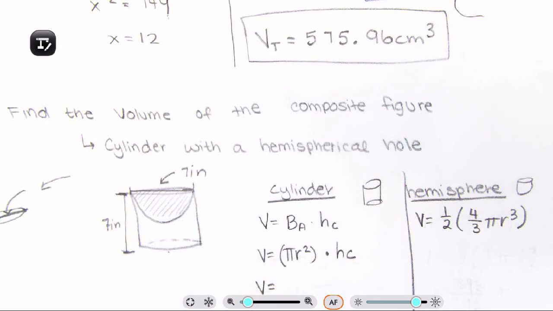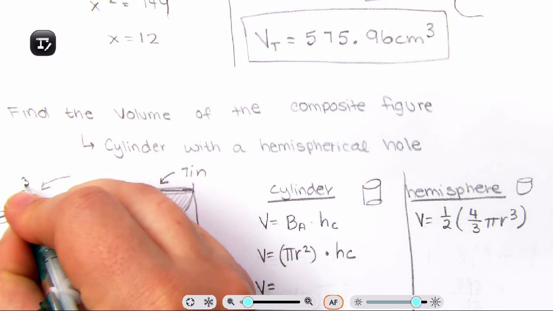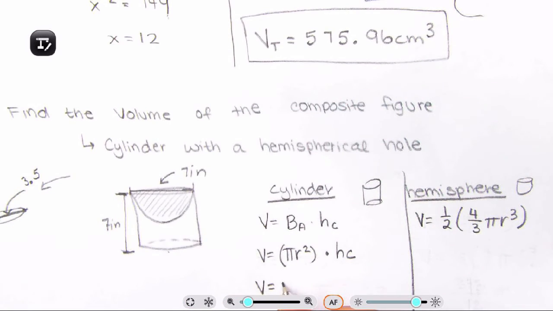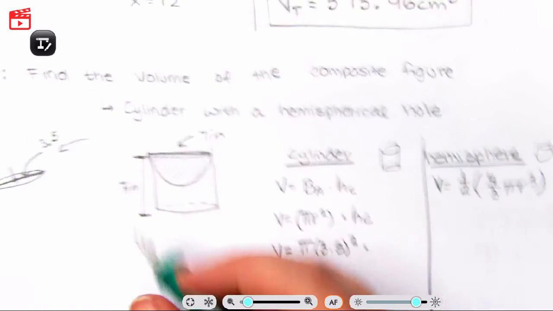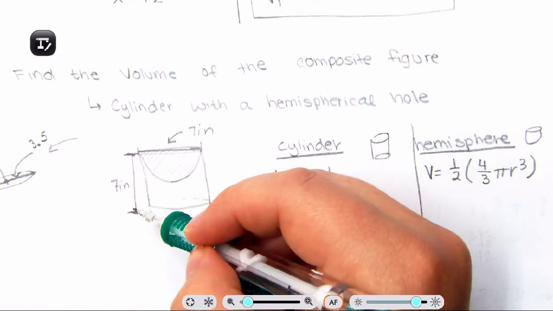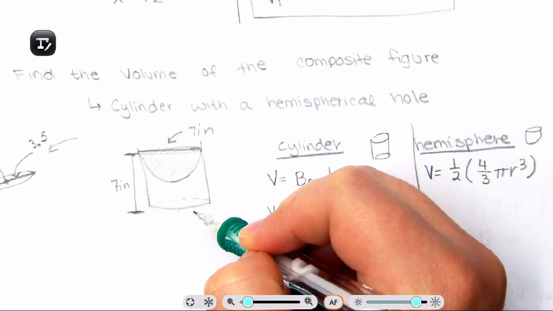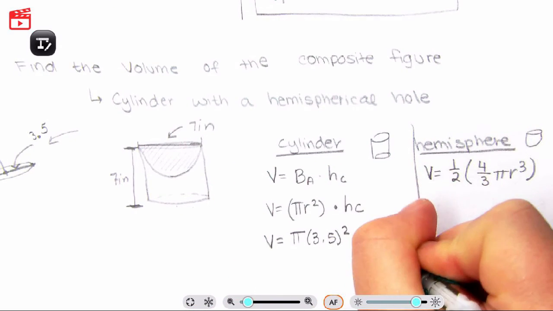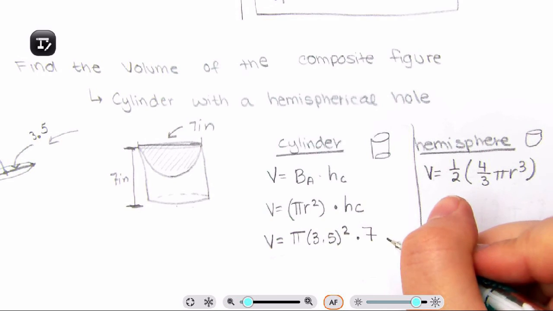So what is half of 7? Is it 3.5? Sure is. So we're going to say pi times 3.5 squared times the height of the cylinder. So whenever you have this symbol here, that tells you that this measure is perpendicular to the base. So we have 7.